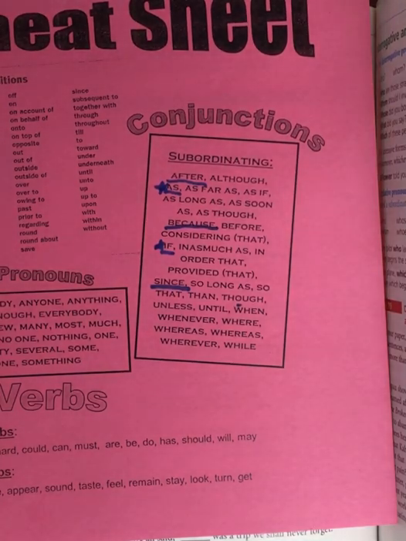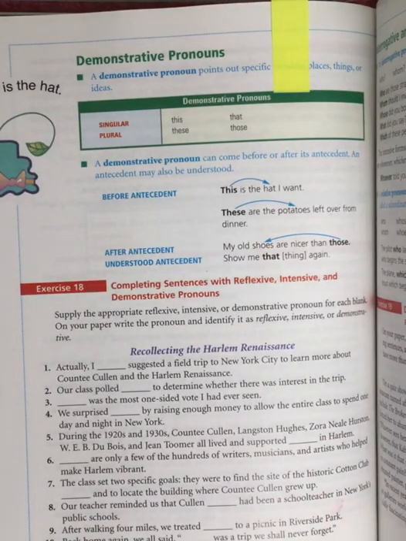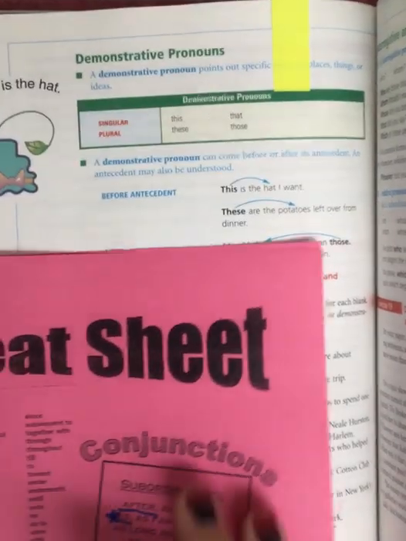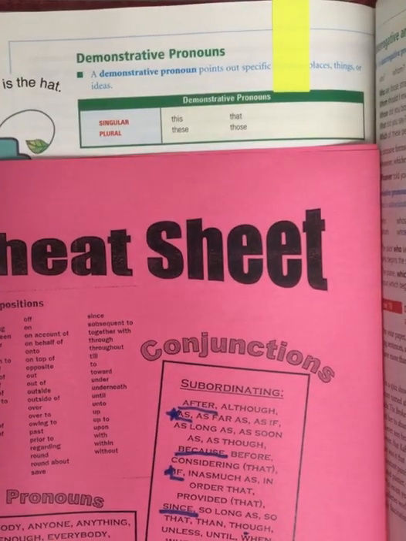Now, I think you guys have added some other words near the subordinating conjunction box, right? So one of those things you have added is from page 450 in your textbook. And page 450 is the demonstrative pronouns.